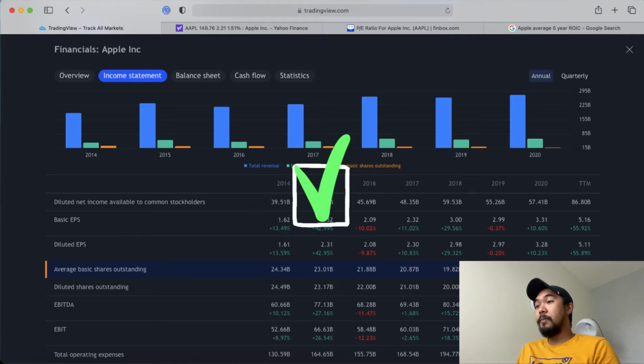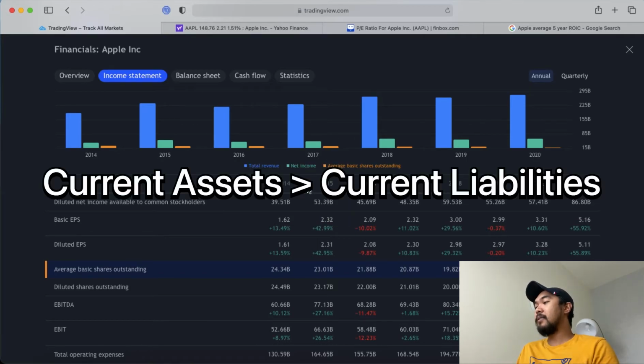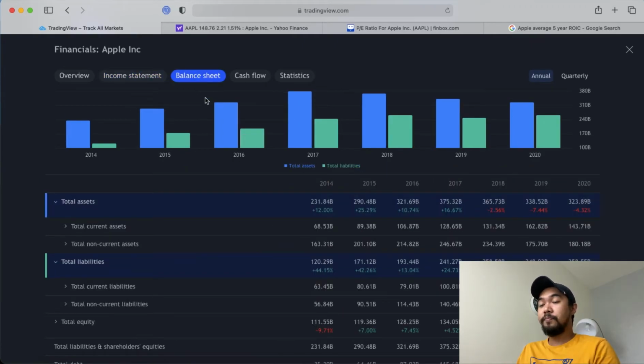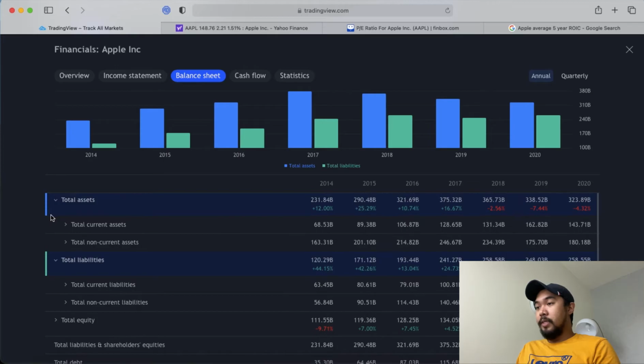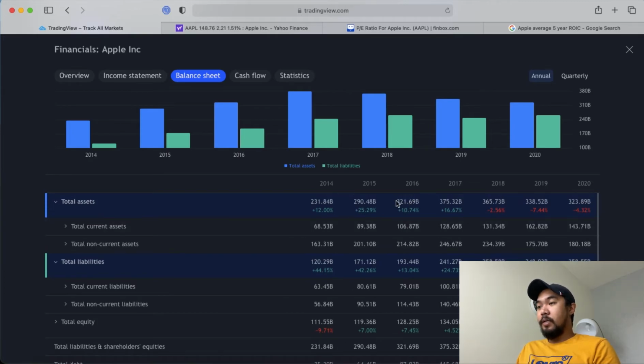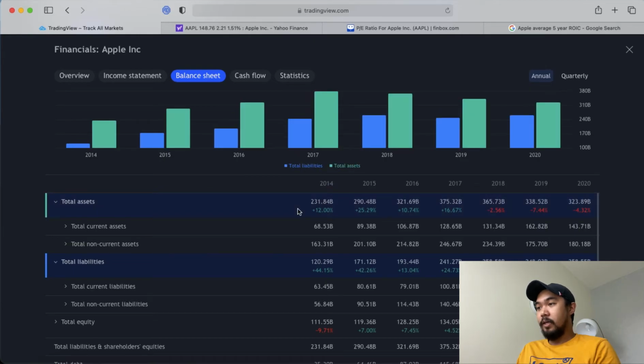Number 6 is that current assets should be more than current liabilities. So let's go to the balance sheet. For 2016, you can see here the total assets. You can see in the graphs that the liabilities, the blue ones, are less than the current total assets.